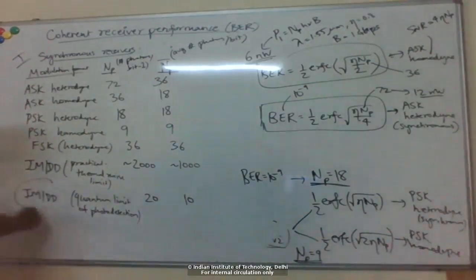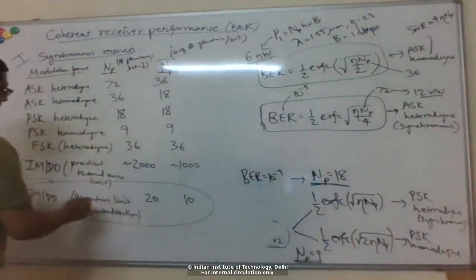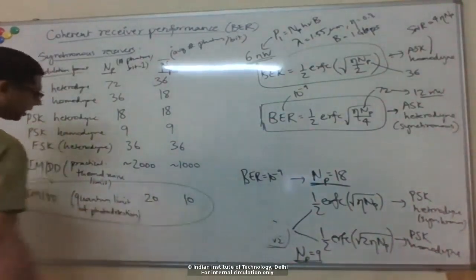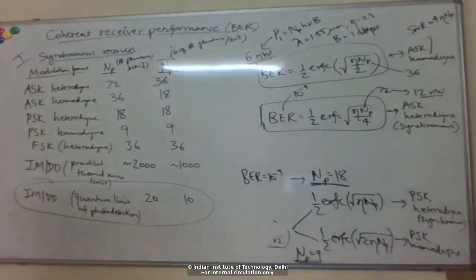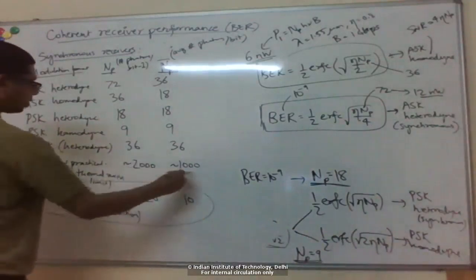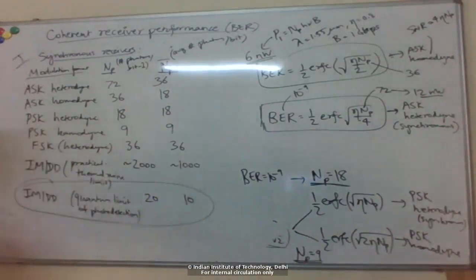Of course, this is a theoretical calculation. It's not practically realizable so far. This is practically what we get with direct detection.